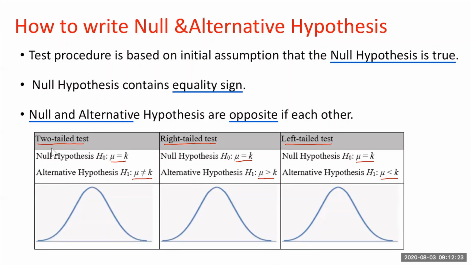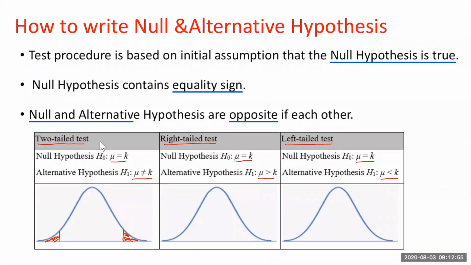We determine the tail by looking at the alternative hypothesis. Whenever you see the population parameter is not equal to, it is a two-tailed test. Meaning you have a certain area on the left tail, and also a certain area on the right tail. Make sure you mark this.